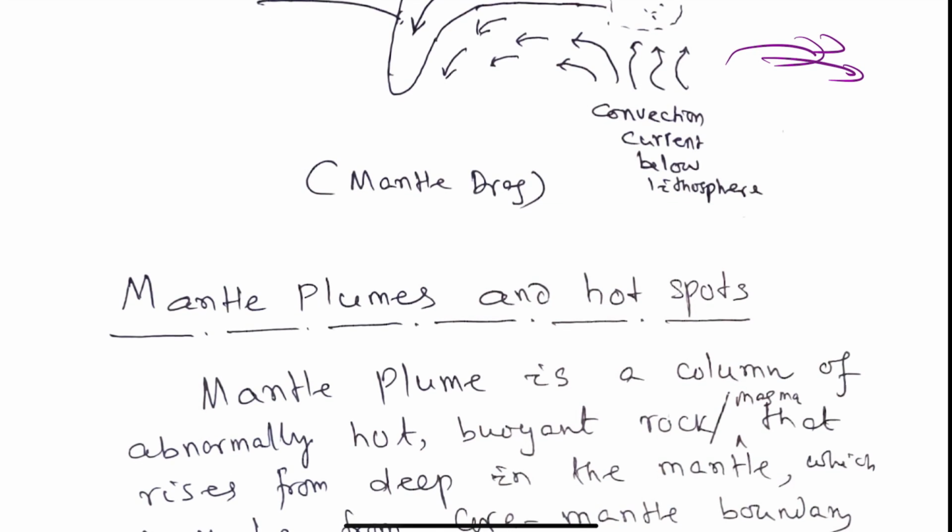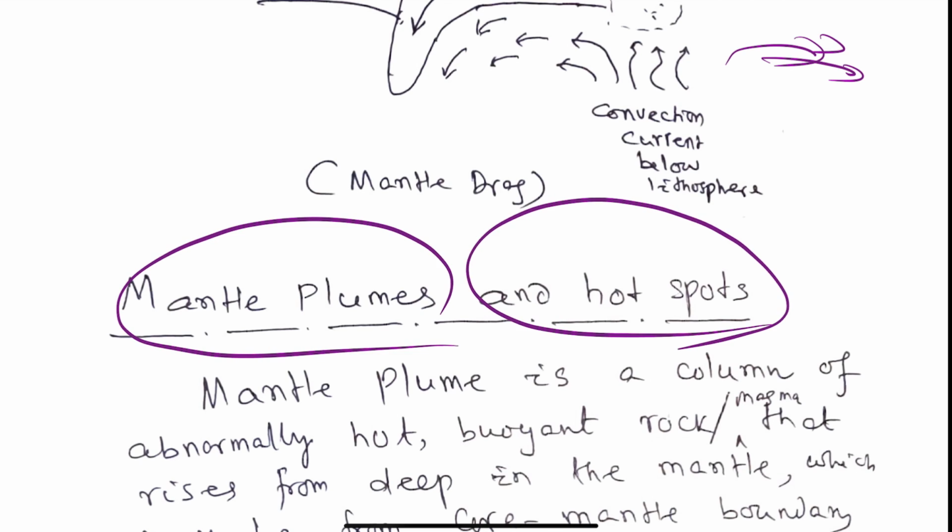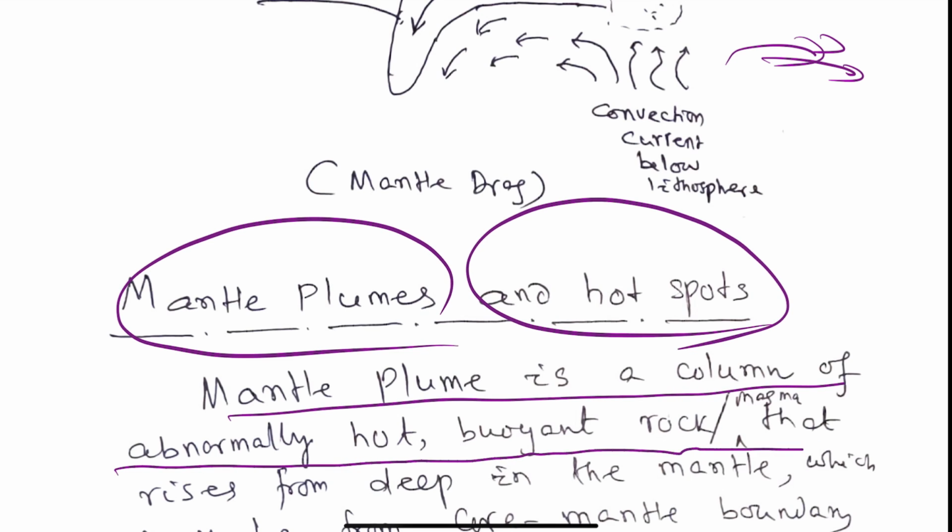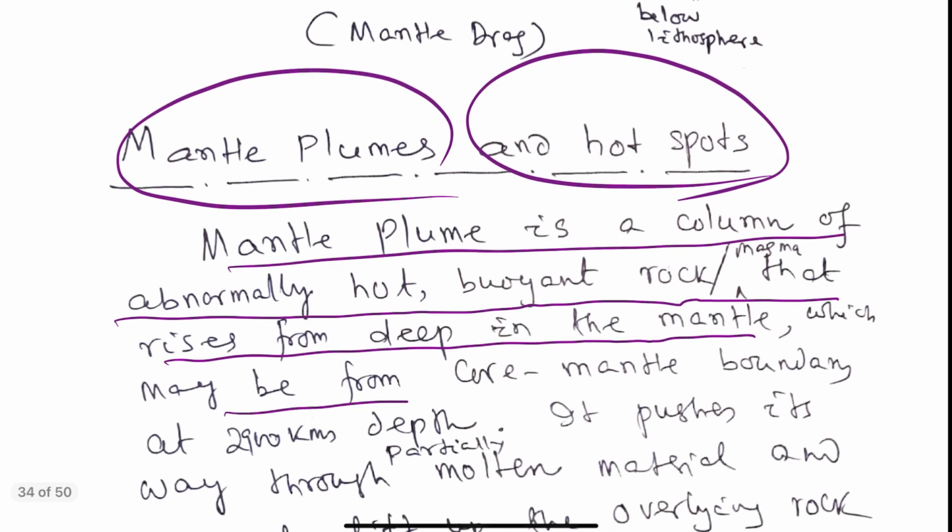Now, let us discuss what is mantle plume and the hot spots. Mantle plumes originate from the lower mantle or from the core mantle boundary. So, a mantle plume is a column of abnormally hot, buoyant rock or magma that rises from deep in the mantle, which may be the core mantle boundary at 2900 kilometers depth.